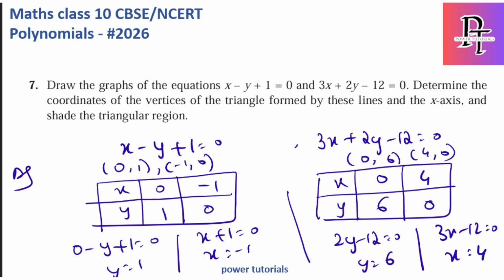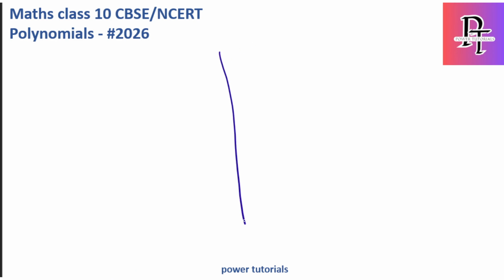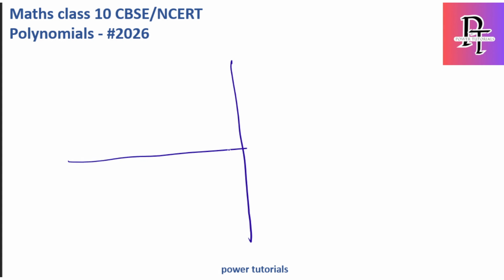So let's plot this using a graph sheet. Here I'm drawing roughly, but I will also do it with the help of the online tool, where I can draw it properly. I want you to use a graph sheet, mark the x and y axis. The axes are centered at 0, 0. These are the positive x axis, and this is the negative x axis, this is negative y, and this is positive y.